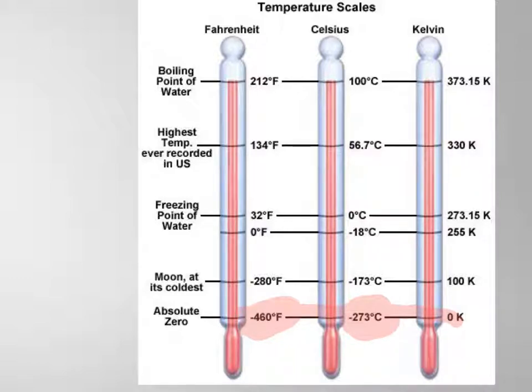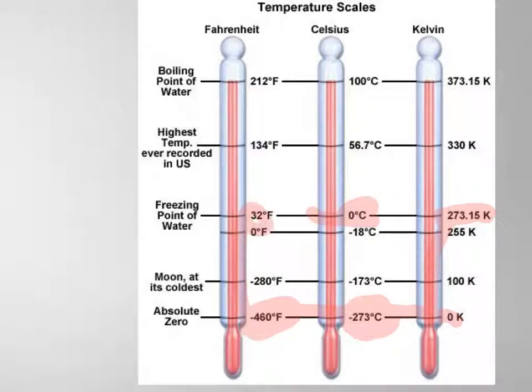Now, what's interesting is if you go up from 0 Kelvin to 273.15 Kelvin, you get 0 degrees Celsius. That's an increase of 273.15 in Kelvin and an increase of 273.15 in degrees Celsius.